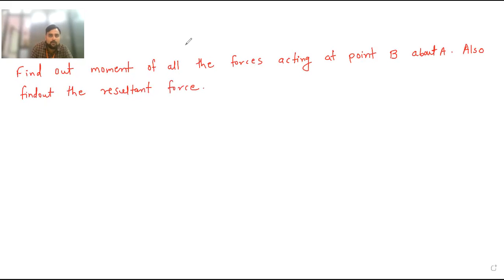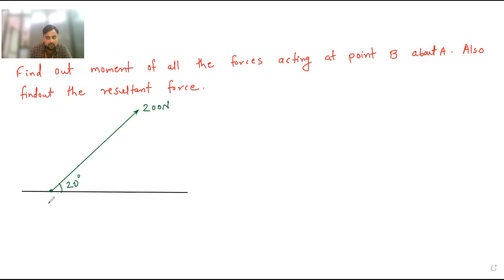So the diagram I will draw now. So this is the surface. The force is given in this way. And this force is of 200 Newton. This angle is 20 degree.